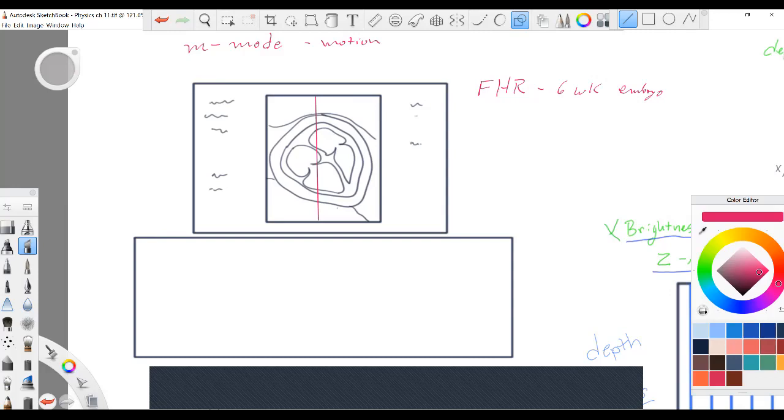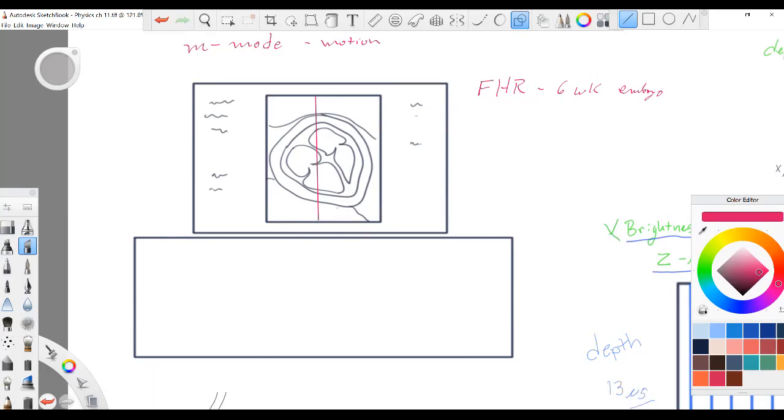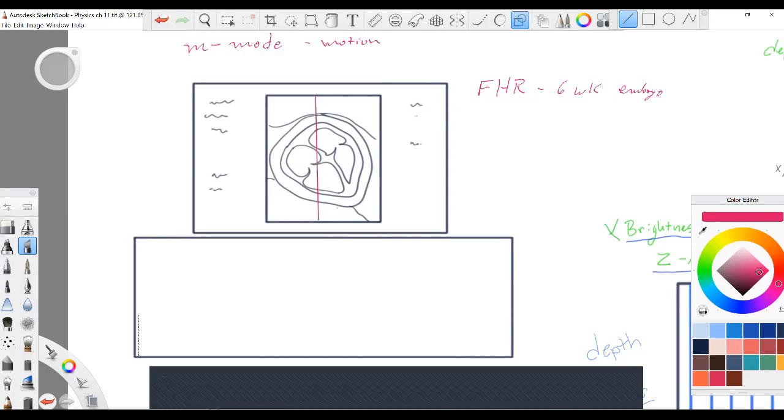So the entire line in M mode is your field of view. In other words, your field of view is a very narrow line. And so let me duplicate that line down here. So those two lines are equivalents.